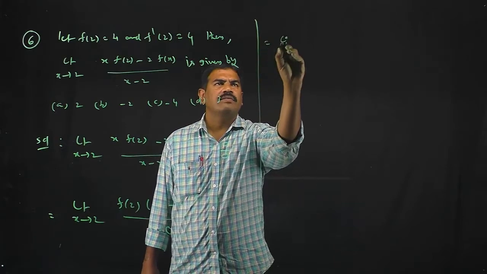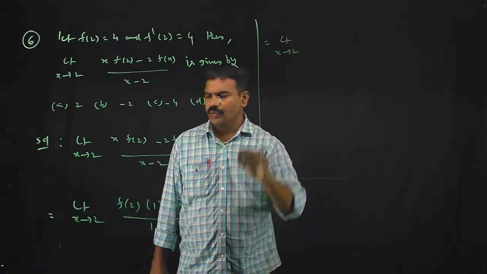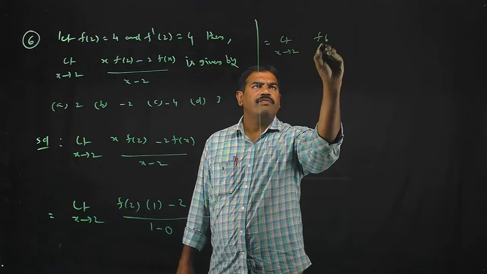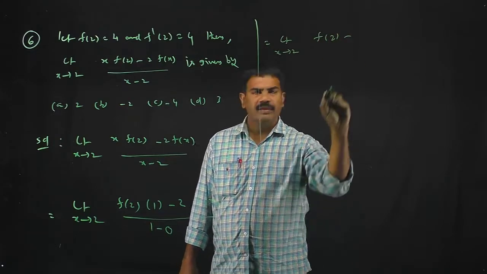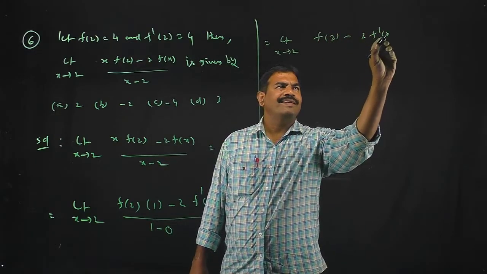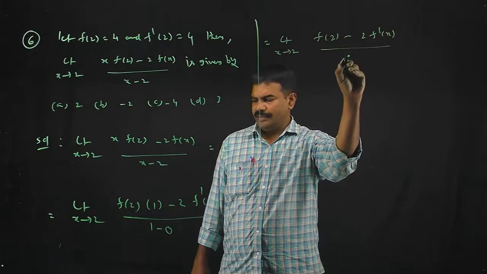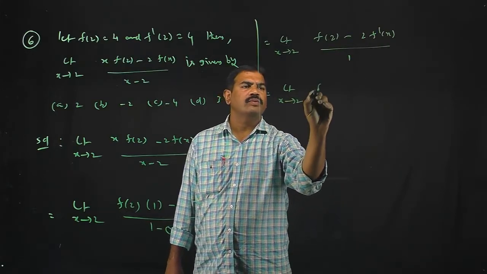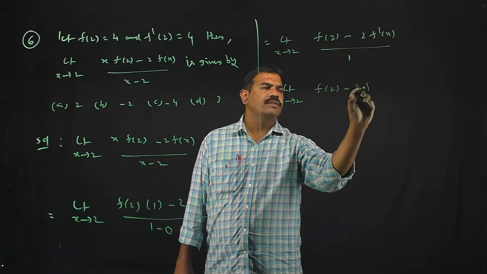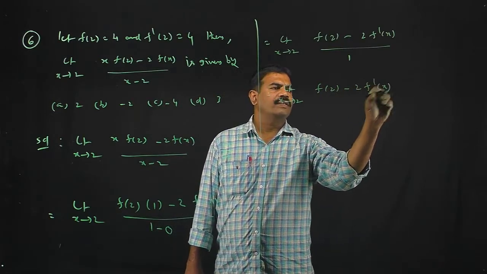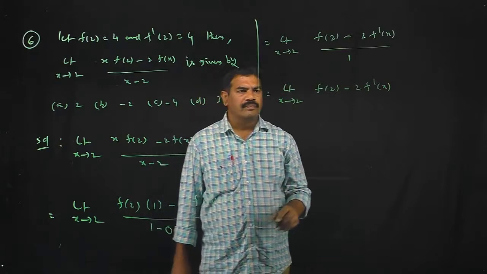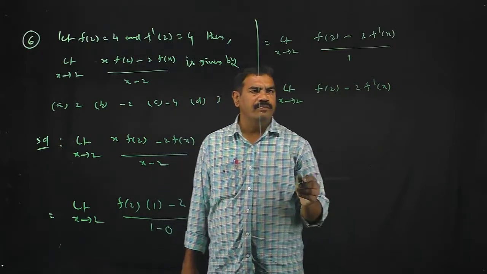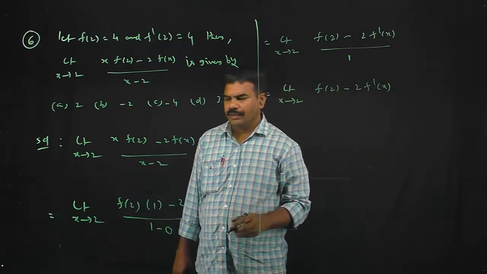That is equal to limit x tends to 2, f of 2 minus 2 into f dash x by 1. It is equal to limit x tends to 2, f of 2 minus 2 into f dash x. We apply the values of f of 2 and f dash 2.